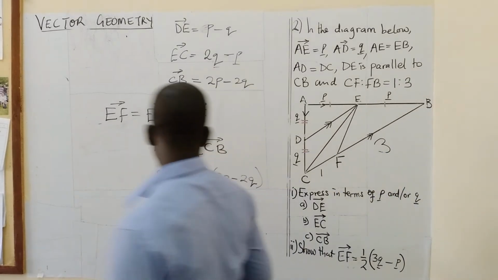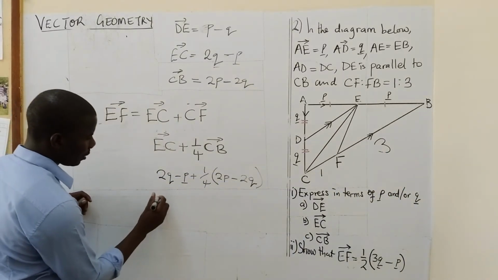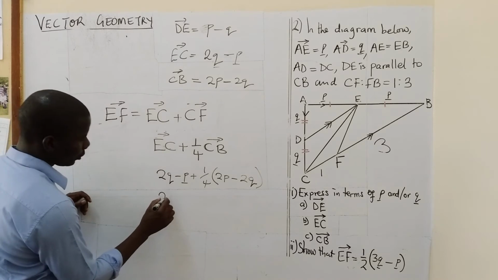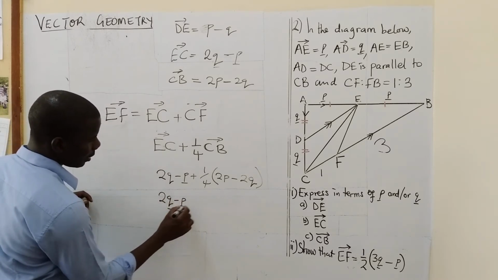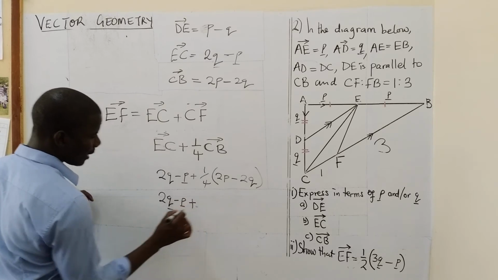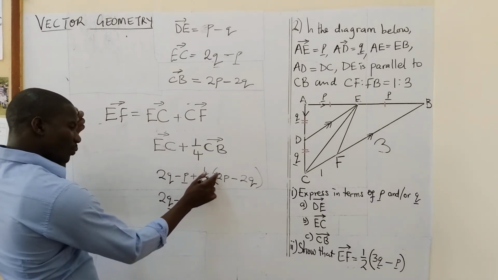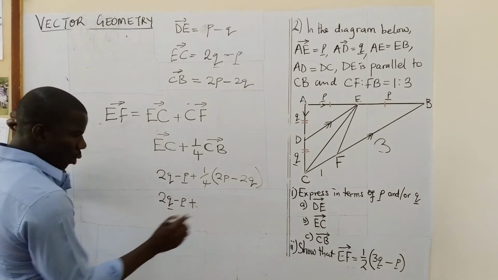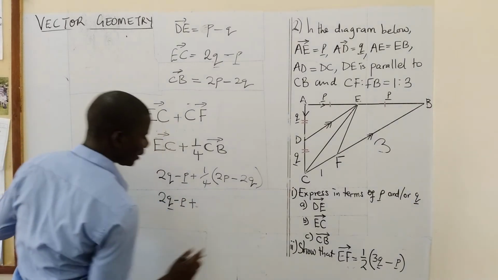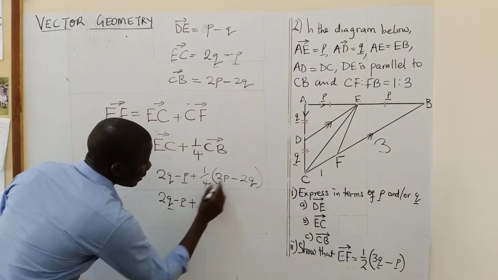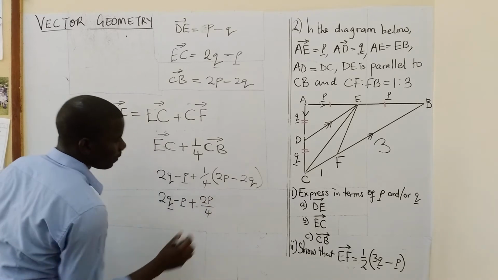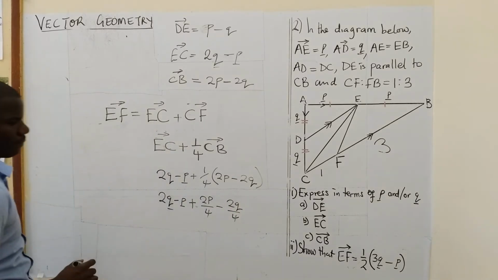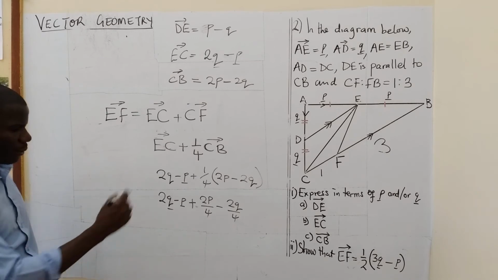So we proceed. The next thing that we are going to do is, we're going to have 2q here minus p, equals, plus. Then here we are going to factorize 2, or we can distribute throughout, which is going to be 2p over 4 minus 2q over 4.